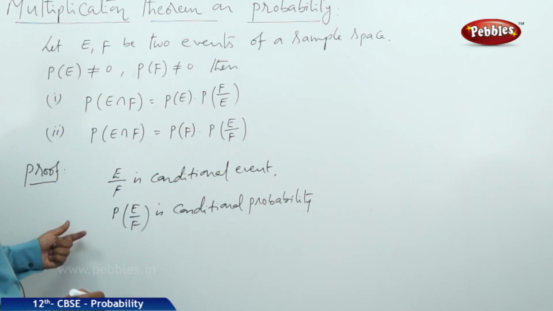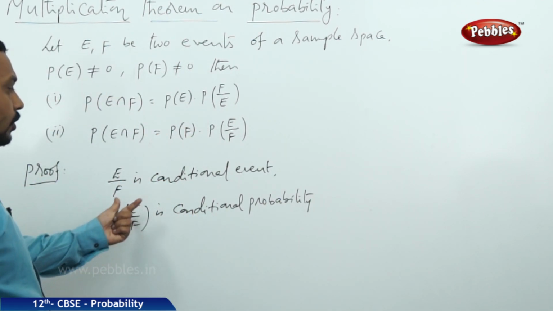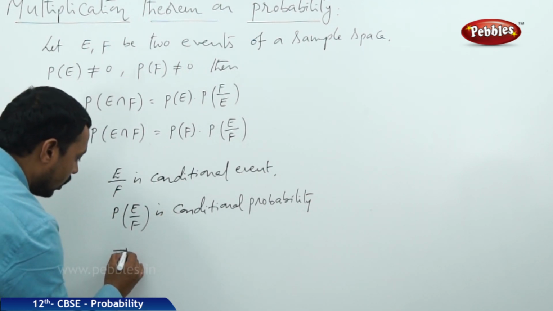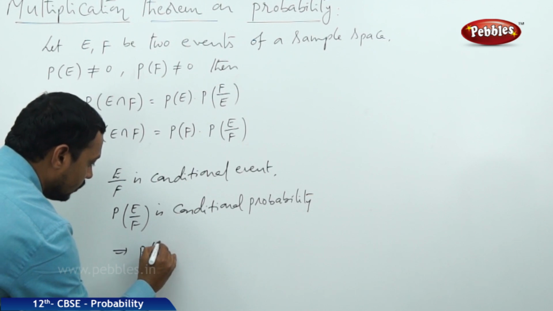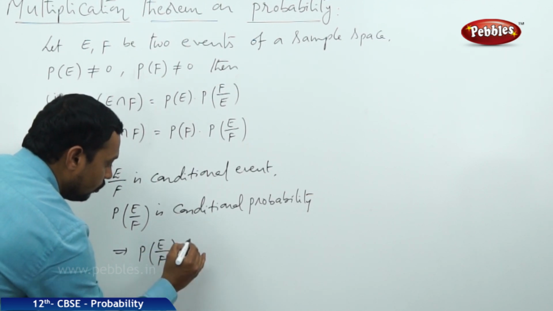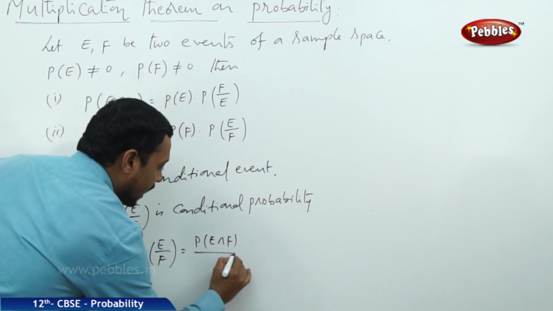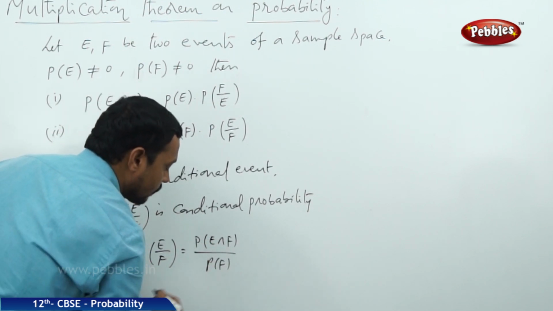So it is already defined that the probability of the conditional event is always conditional probability, and it is defined as P of E by F is equal to P of E intersection F by P of F.